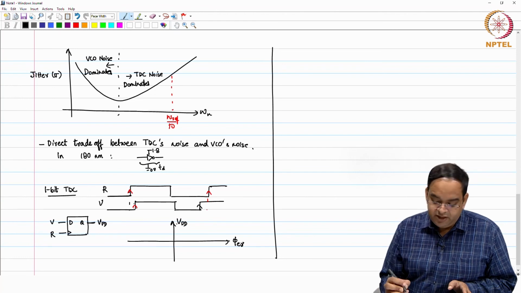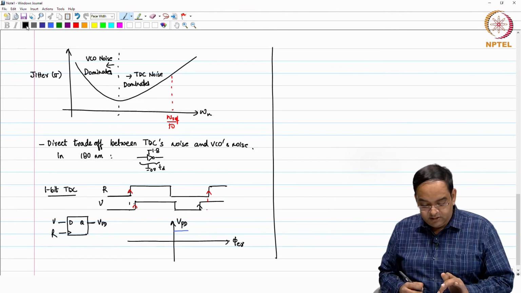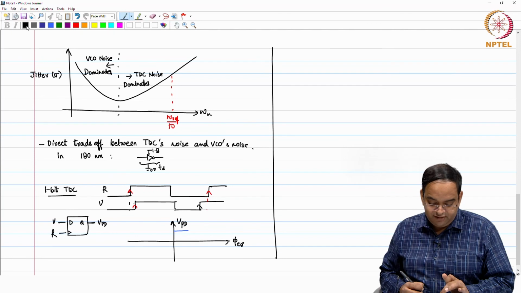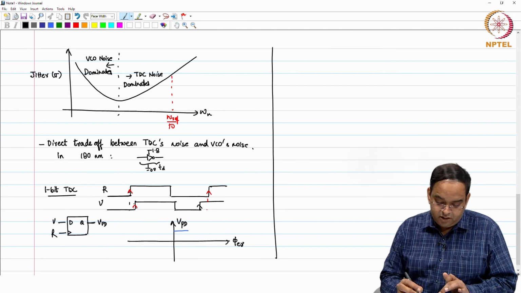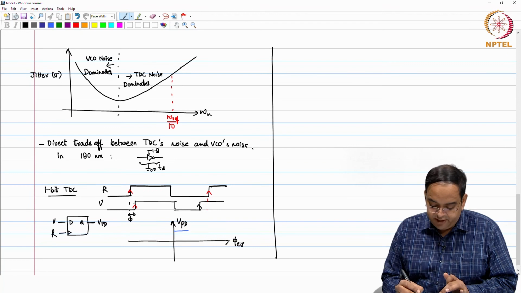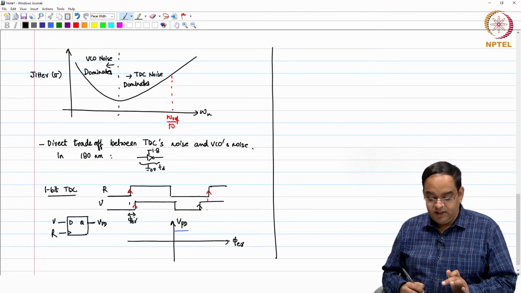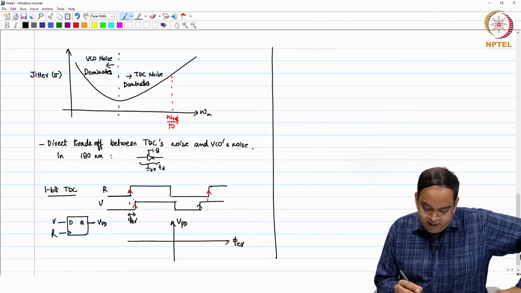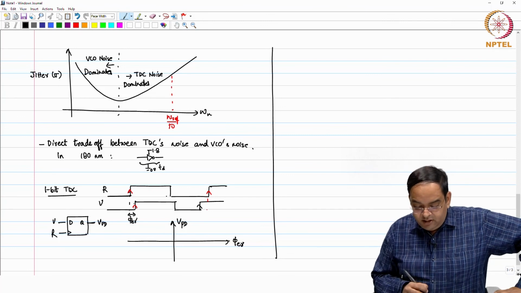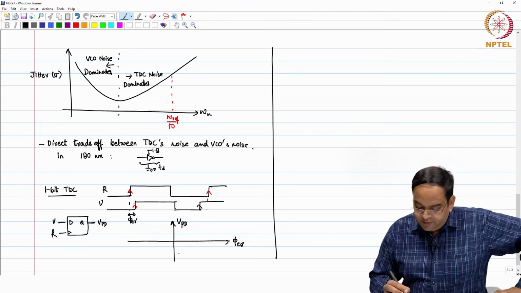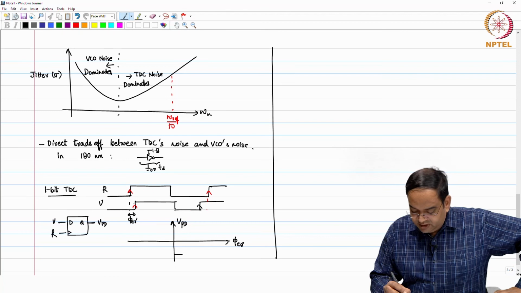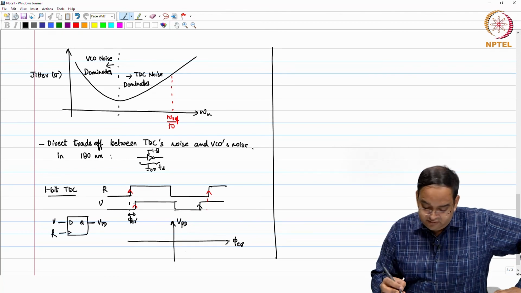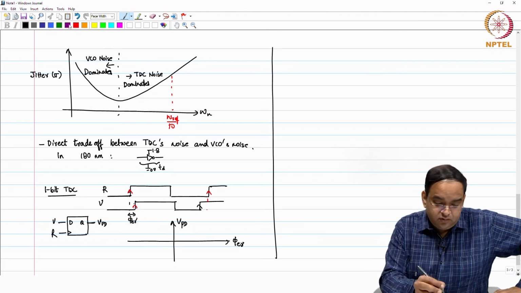Here, if V is coming after R, the phase error is positive, and the value which R samples is lesser, so VPD is 0.